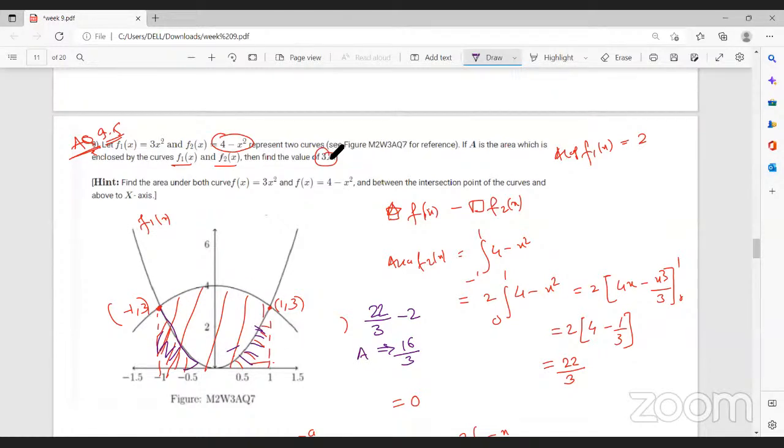Now we have to find out the value of 3a. So just multiply it by 3. What will I get? 16. So the answer of this question is 16. That is 3a, where area a is 16 by 3. Any doubt in this question? No, sir. Got it.